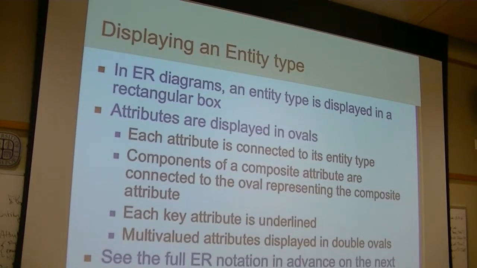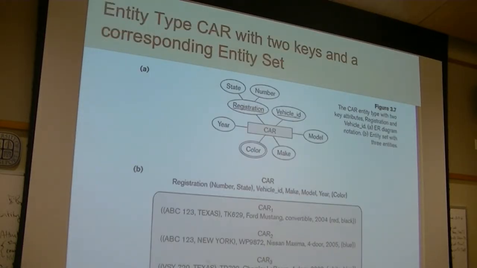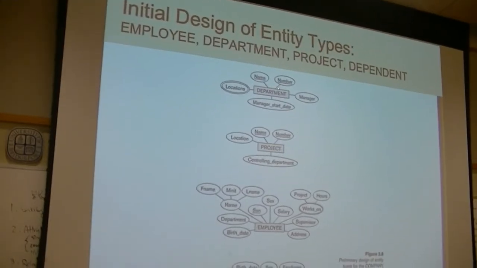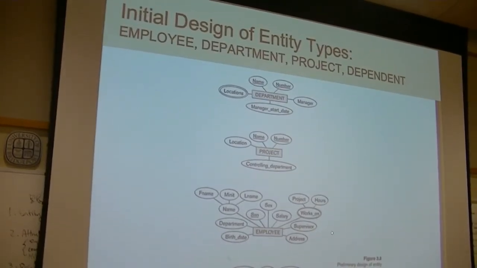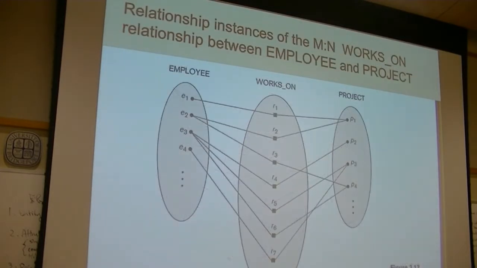So we have the entity type. This is the notation, as I mentioned. After steps 1 and 2, identifying the entities and identifying the attributes, and sometimes the double, where double means the multi-valued one and the underscore is the key attribute, then we can identify the relationships.